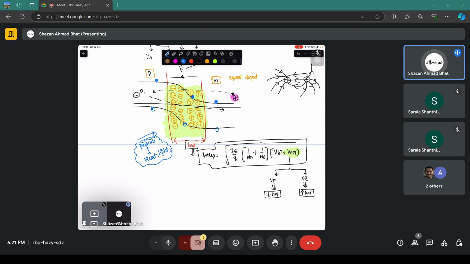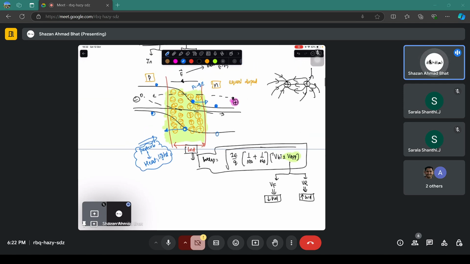Now what is going to happen? If you have an electron hole pair generated at this particular position, because of the internal electric field, this electron will feel a force opposite to that of the electric field, because F equals minus q times E. So this electron will go in this direction and this hole will go in this direction. Because of the electron going in the right direction, the current will flow in this direction, which is the electron current, I_E, and because of the hole going towards the left, the hole current will flow in this direction, which is I_H.